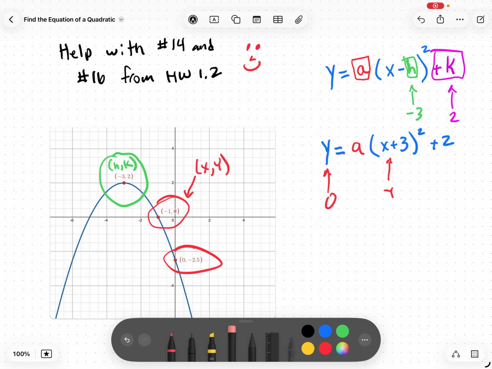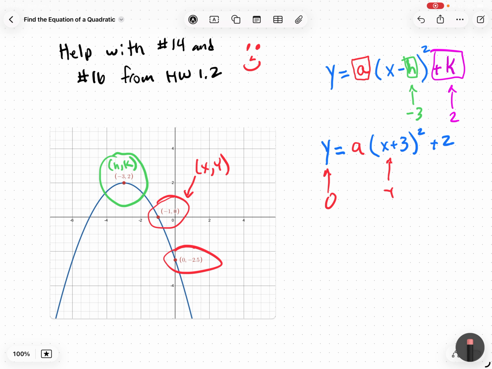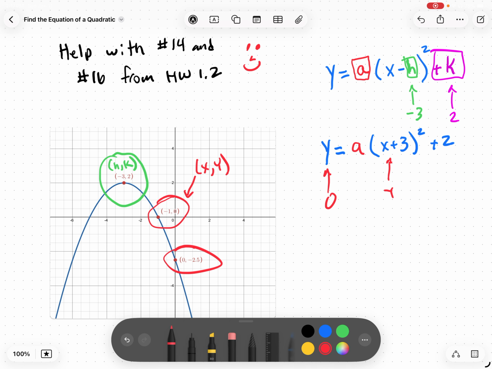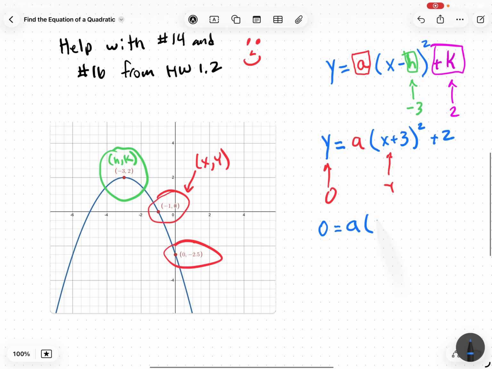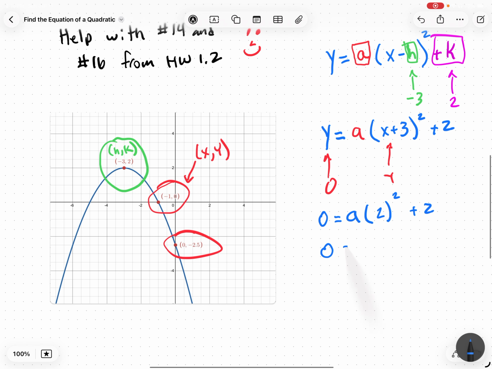So when I do that, I end up with 0 equals a times -1 plus 3 is 2, 2 squared, that's going to end up being 4, plus 2. So this is going to end up being 0 equals 4a plus 2.